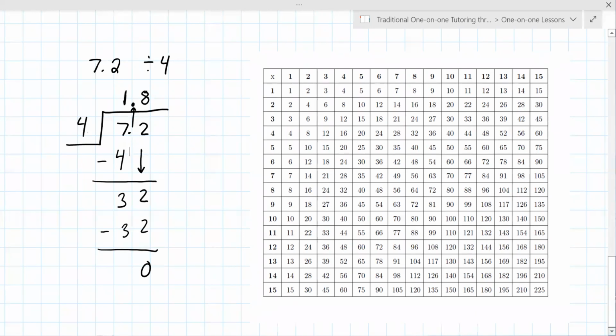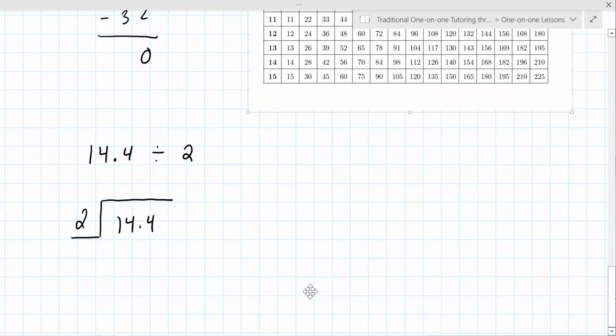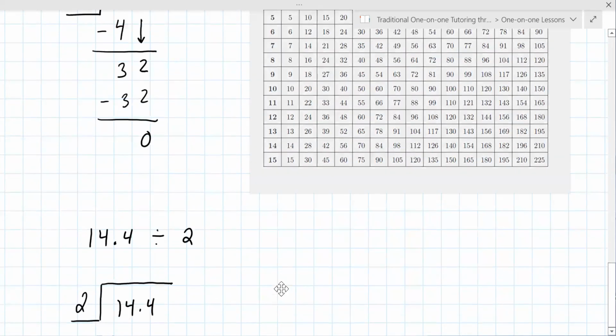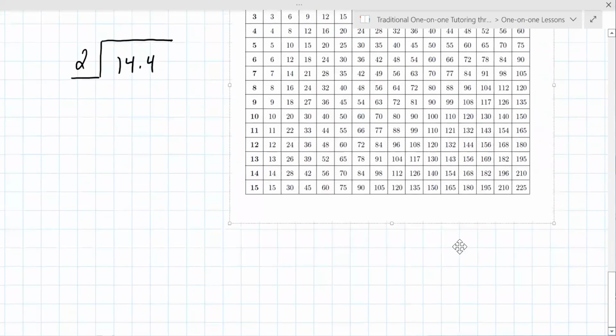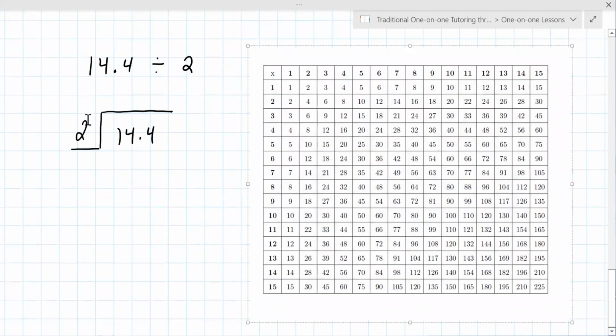Okay, let's try another one here. Let's do 14.4 divided by 2. So 2 goes outside the house. 14.4 goes inside the house. Now we ask ourselves how many times 2 goes into 14.